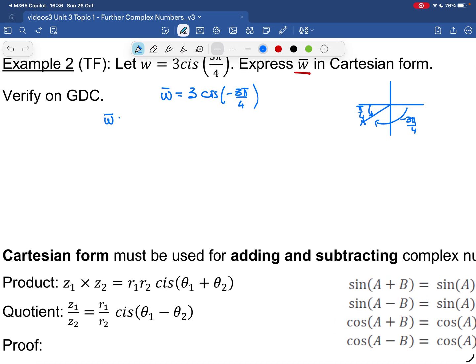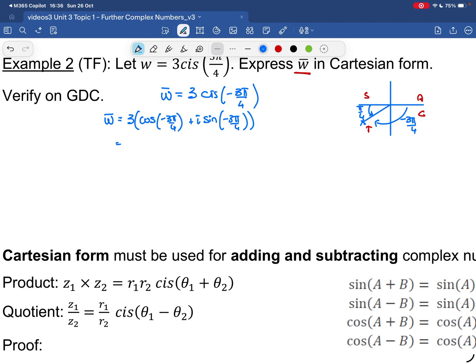So the conjugate of W will be 3 times cos of negative 3 pi on 4 plus i sine of negative 3 pi on 4. And we need to then know our CAST diagram and know whether sine and cos are positive or negative in that quadrant.